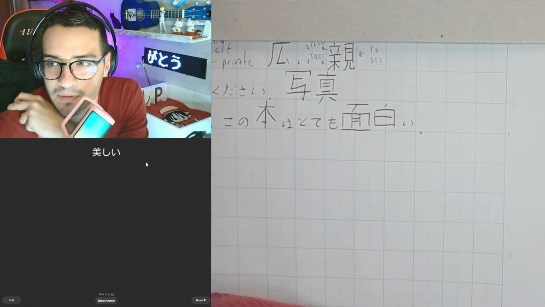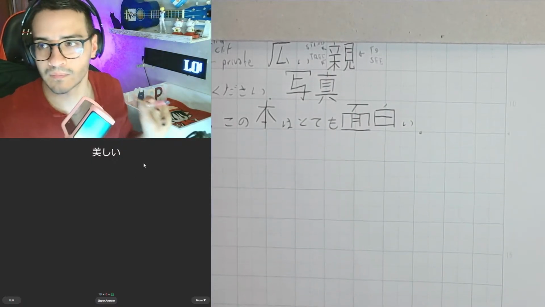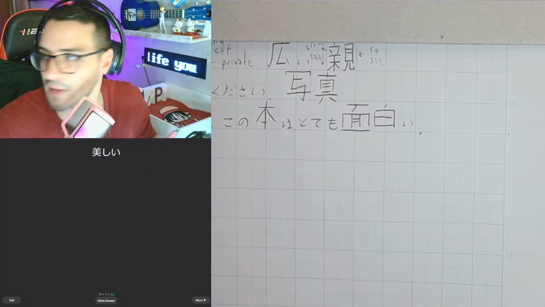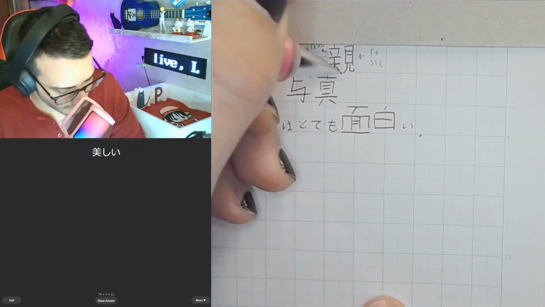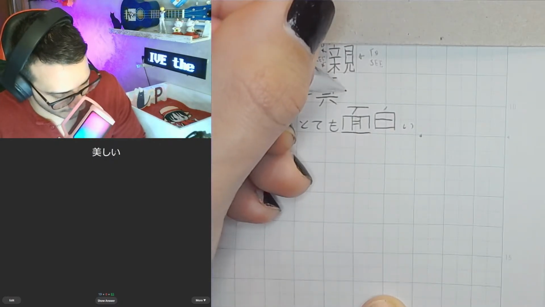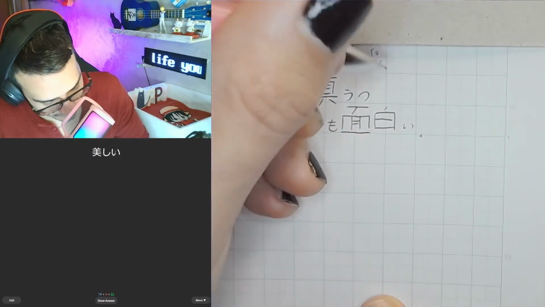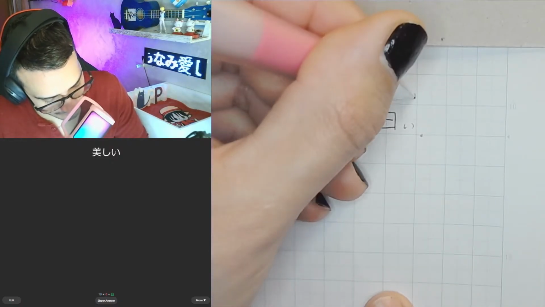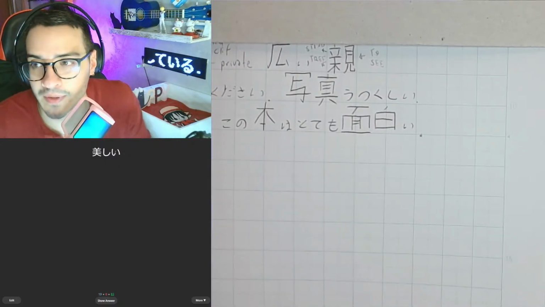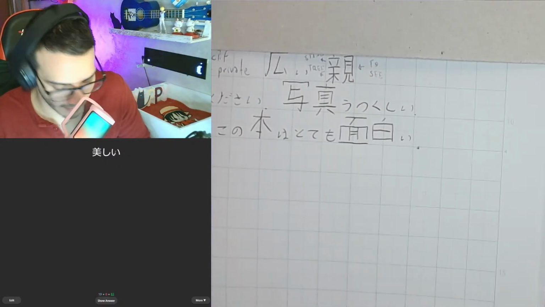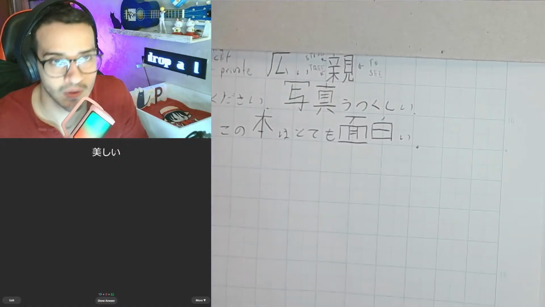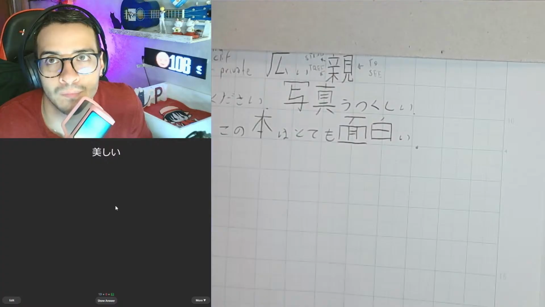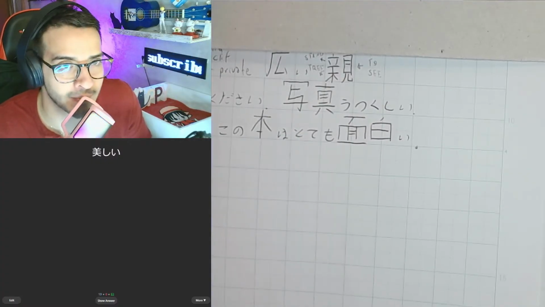And now, how do we read this kanji? This kanji is a very important kanji, okay? I recommend you memorize this word. 美しい, meaning beautiful. And it's made with two radicals.